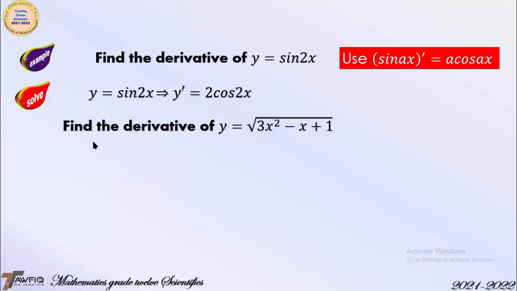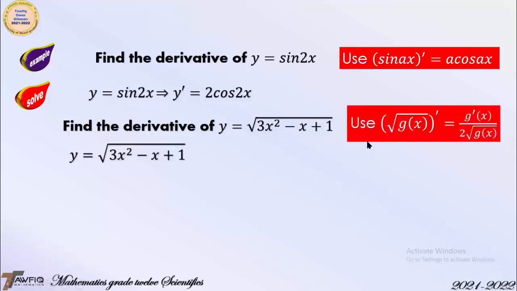Another example, find the derivative of y equals square root of 3x squared minus x plus 1. Use the rule: the derivative of square root of g of x is equal to g prime of x, that means the derivative of inside the square root, over 2 times the square root of g of x.